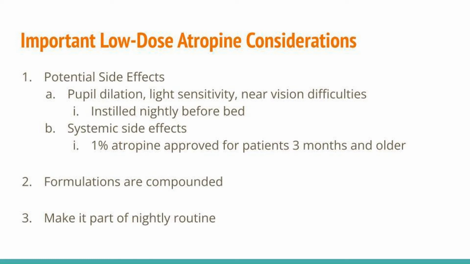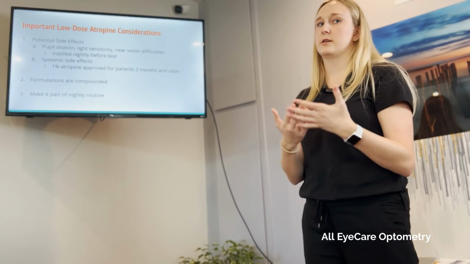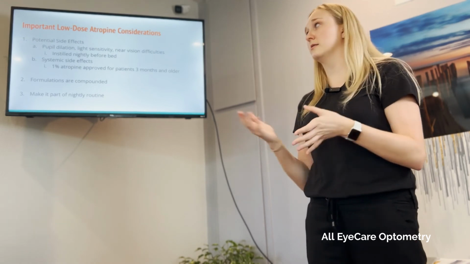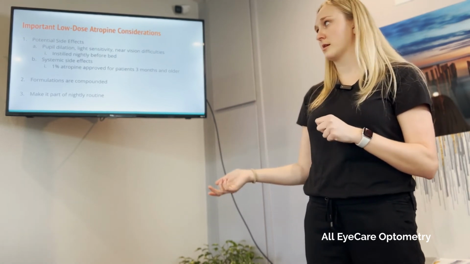First of all, we're always going to have them put it in before bed, so the peak of these symptoms happens while they're sleeping. And then we can also do things like taper the dose down. So if we put them on 0.025 and they're having pupil dilation that's affecting them, we could always taper down. And we can also prescribe bifocals if they're having trouble with reading up close. So we can give them that boost that they need to enable them to stay on the atropine.